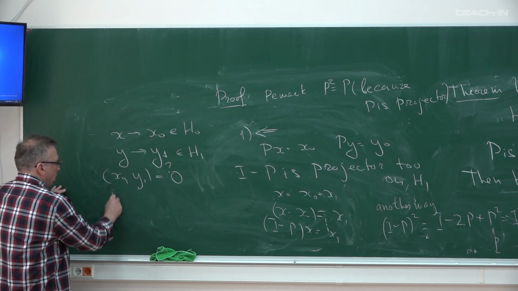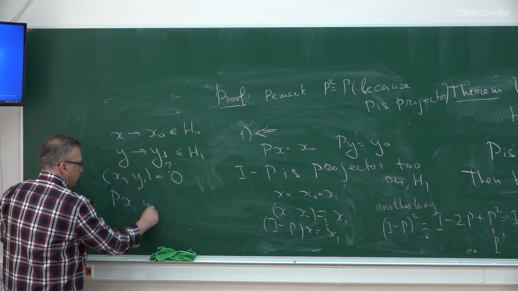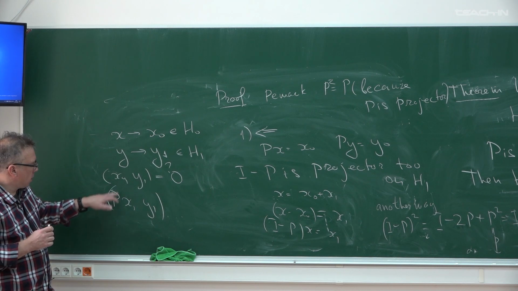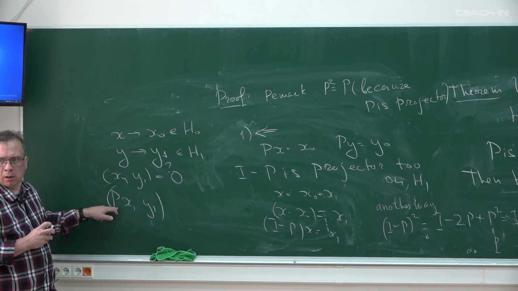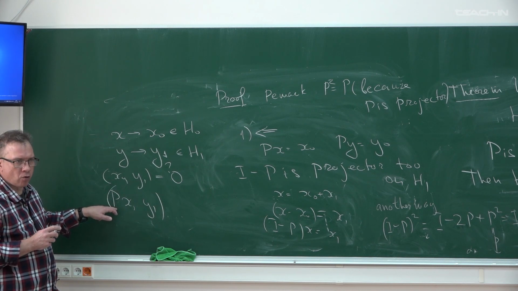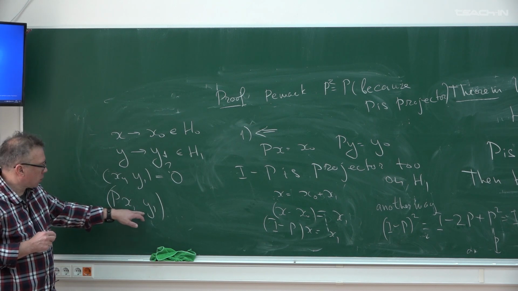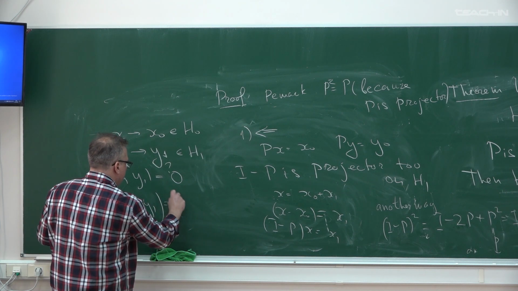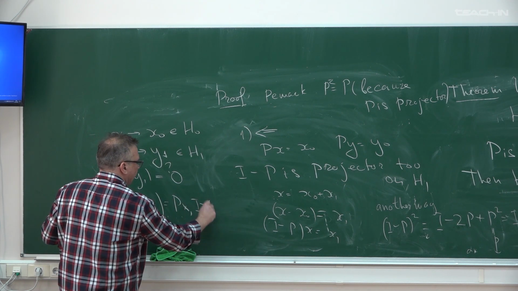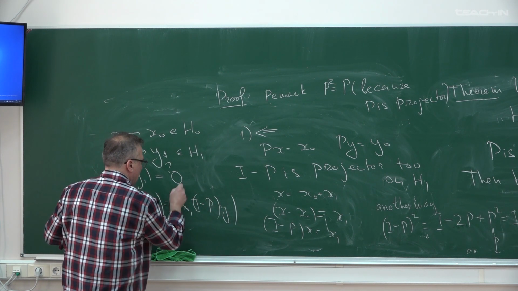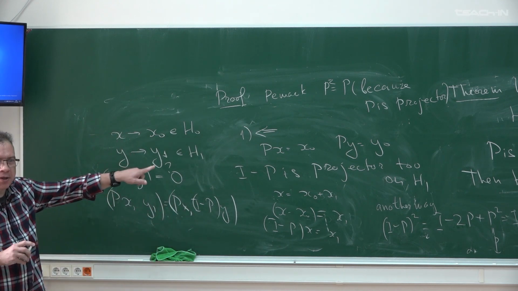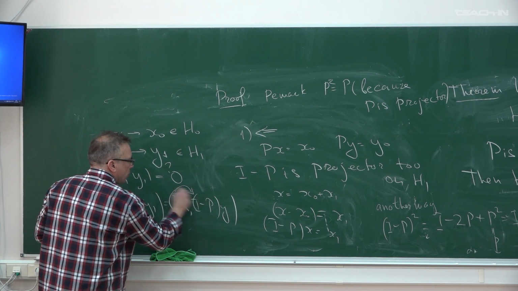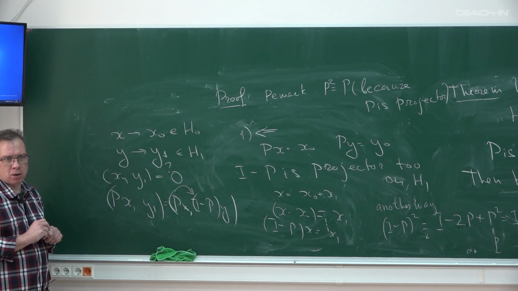But x0 is the result of the action of the operator P, and y1 is the result of the complementary operator. Your operator is self-adjoint. If it is self-adjoint, you can put it on the right argument.